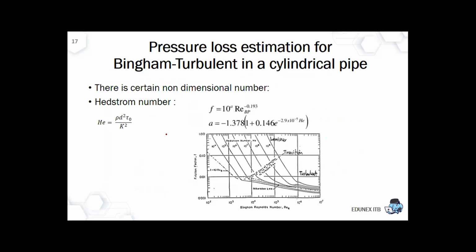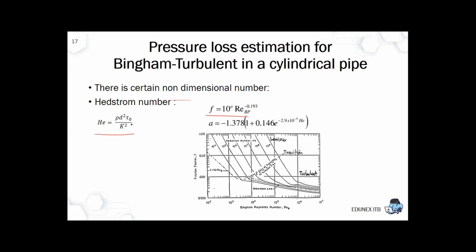Now we are stepping to the Bingham, Bingham laminar or Bingham turbulent. I just step to Bingham turbulent because Bingham laminar is going to be pretty much the same. There is a certain non-dimensional number. In the Bingham, the Fanning friction factor is a function of the Reynolds number, but it's not just Reynolds.